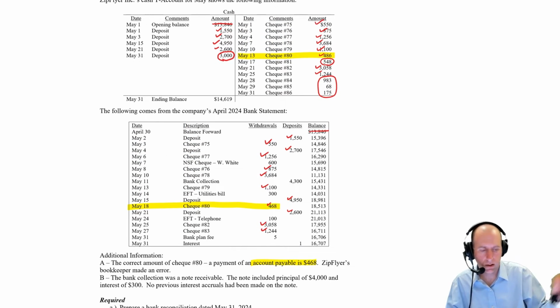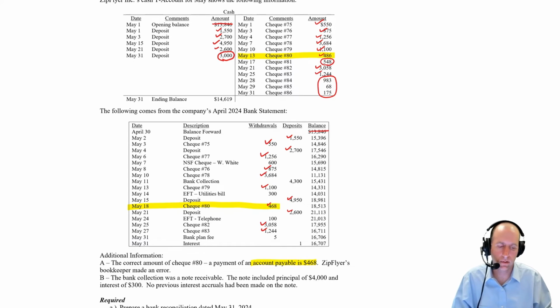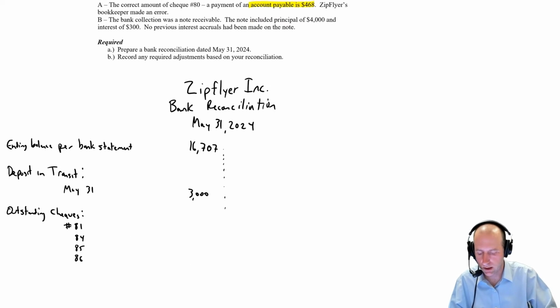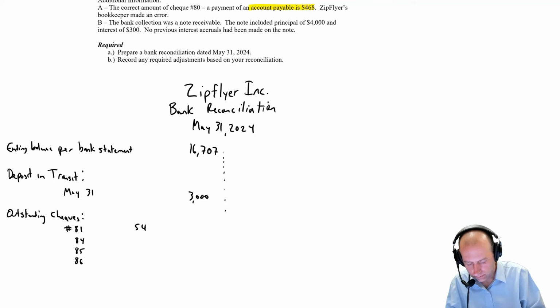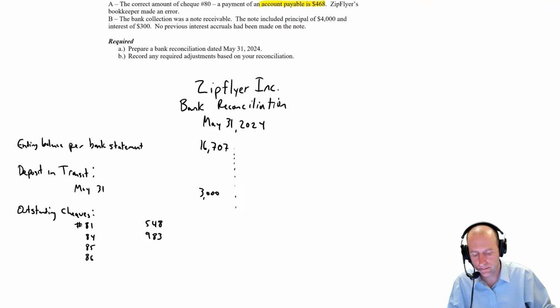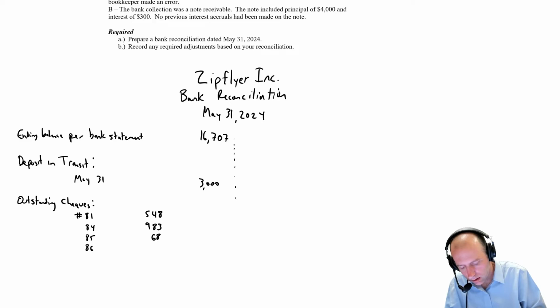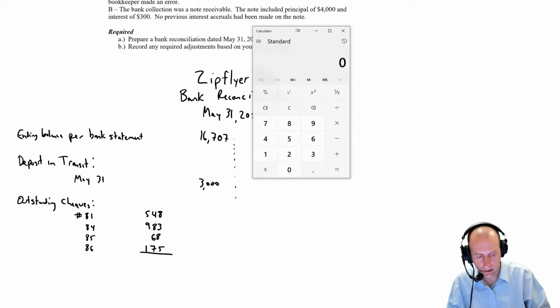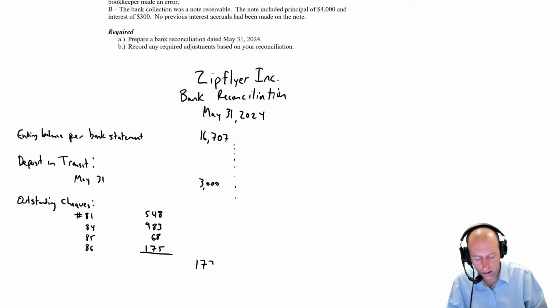Because there's a list of them, I'm going to list on the left, total on the right: 548, 983, 68 and 175. So let's total this up: 548 plus 983 plus 68 plus 175. My total outstanding checks here is 1774.